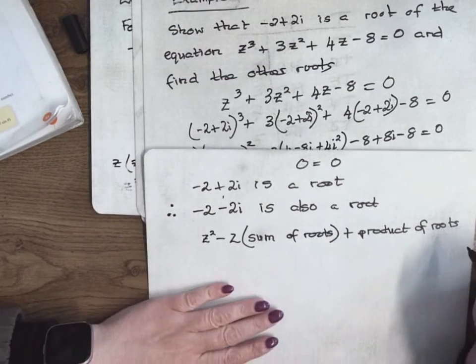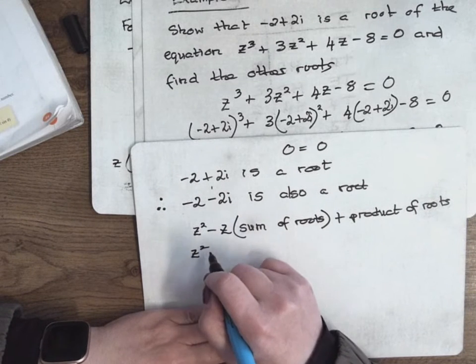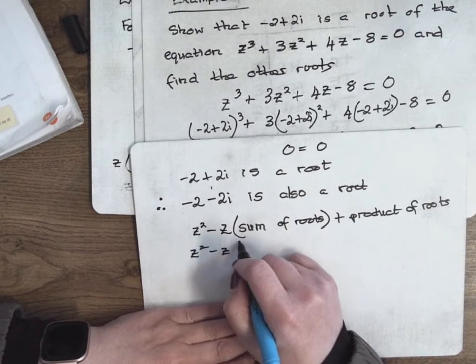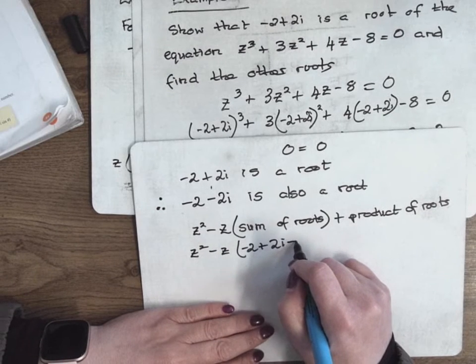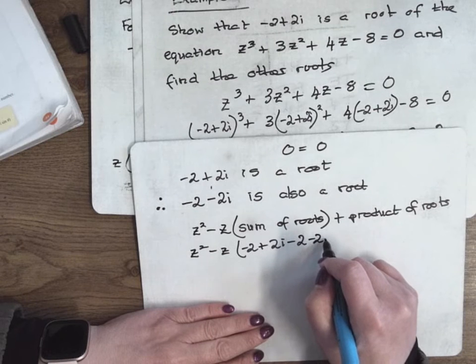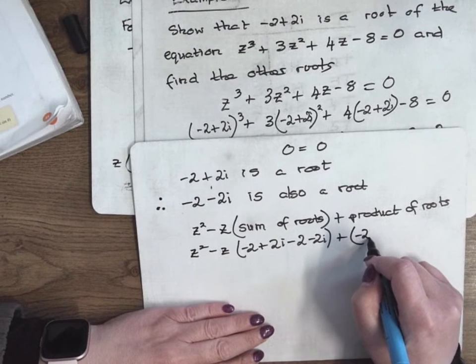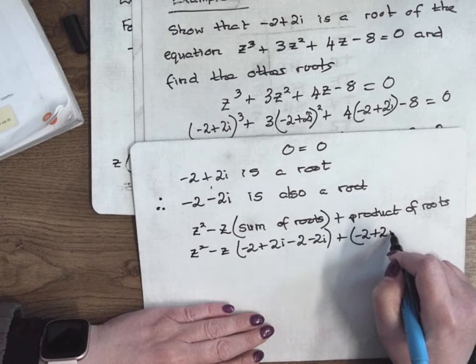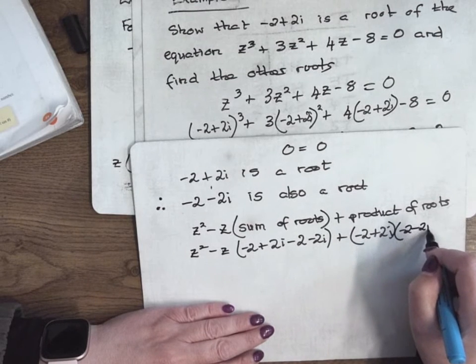Not the answer yet. So I'm using the shortcut: z squared minus z times the sum of the roots, which is minus 2 plus 2i minus 2 minus 2i, plus the product of the roots, which means multiply them: minus 2 plus 2i multiplied by minus 2 minus 2i.